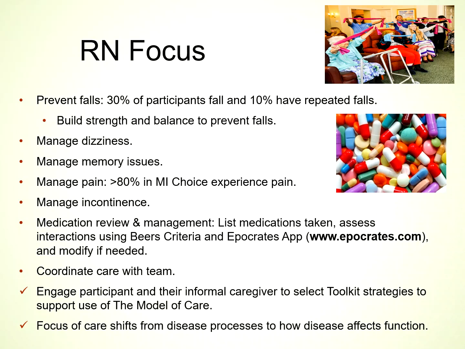And then coordinating care among the team. The main focus is to engage the participant and their informal caregiver to select toolkit strategies to support use of the model of care. The focus of care shifts from disease processes to how diseases affect function of the participant.